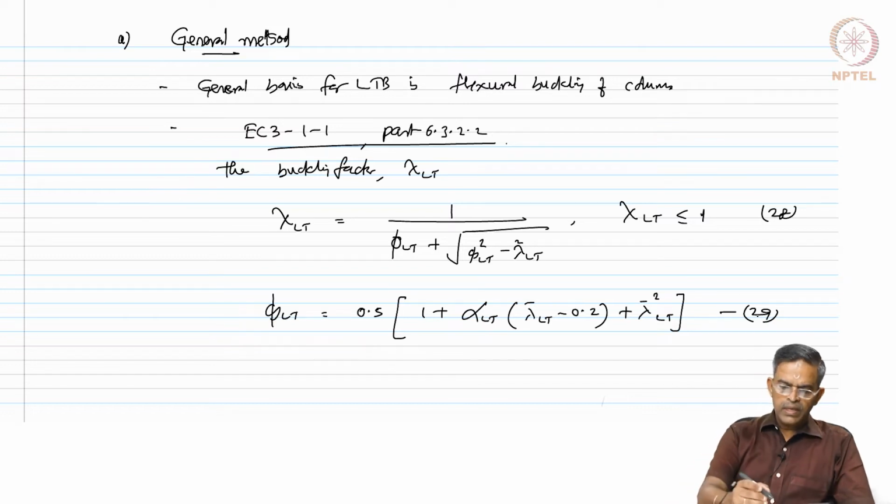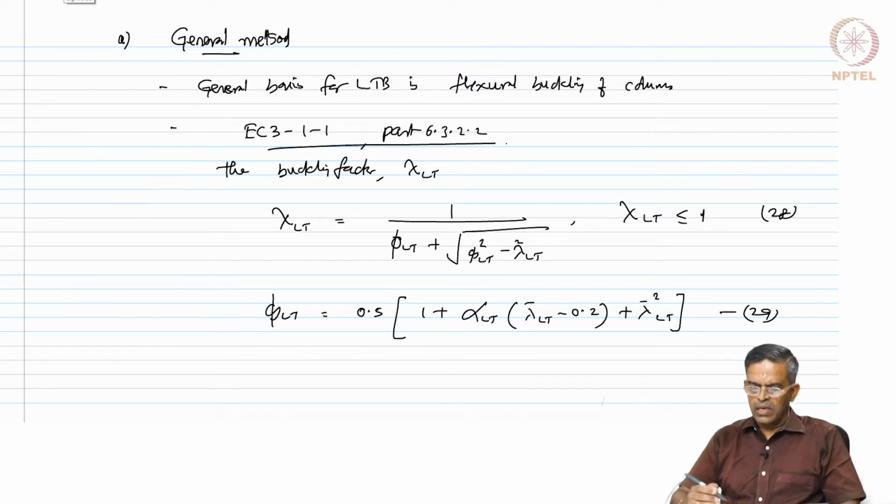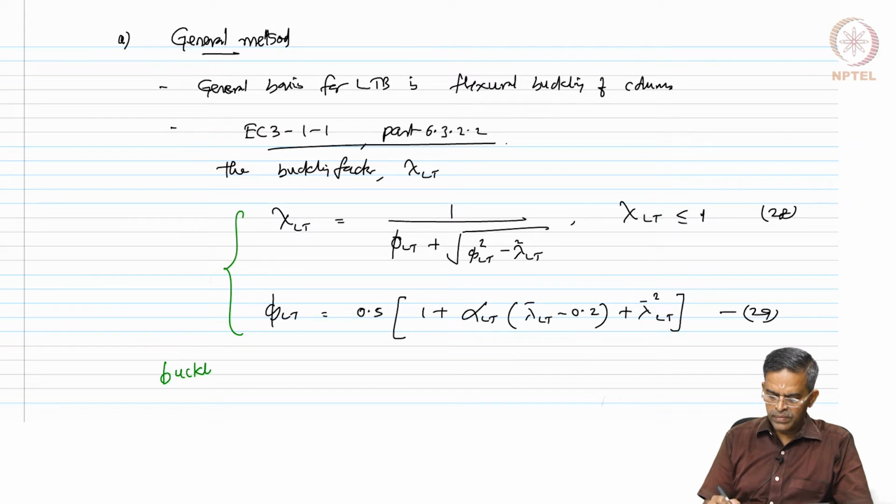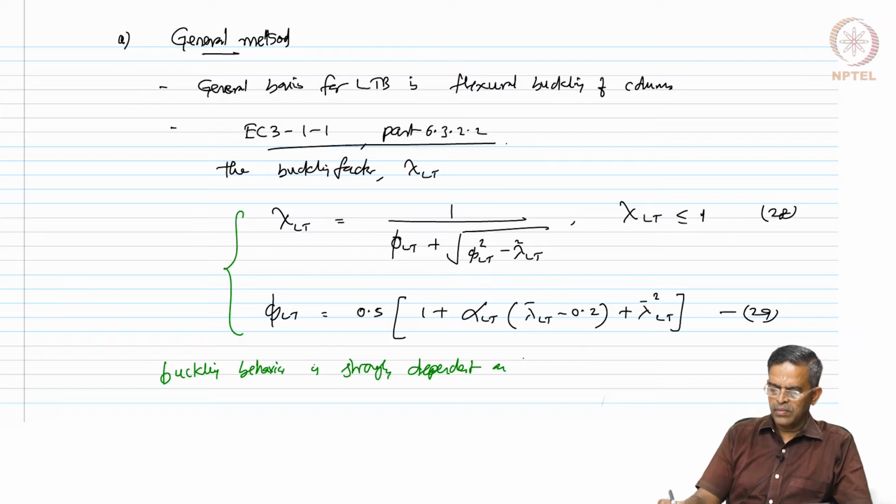One can very easily write a note here. Looking at these two equations, one can say the buckling behavior is strongly dependent on the slenderness ratio of the member.